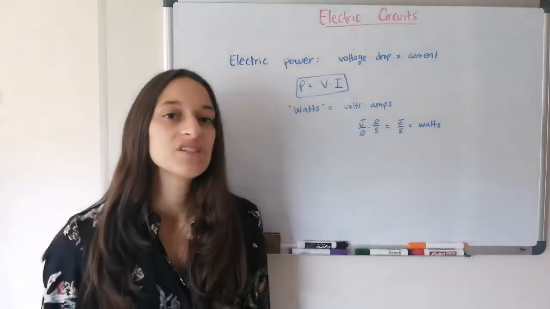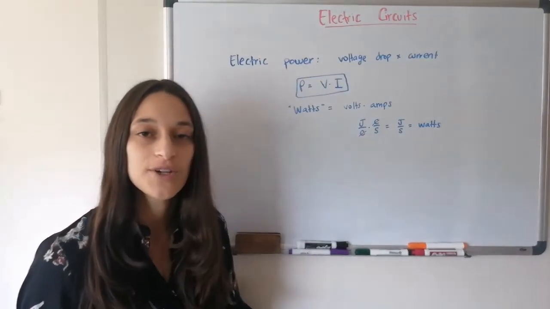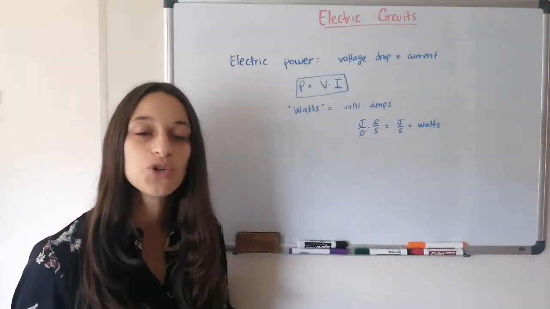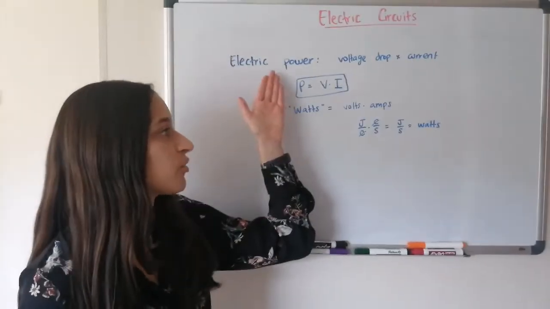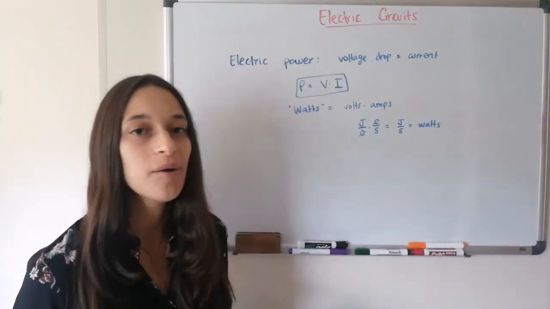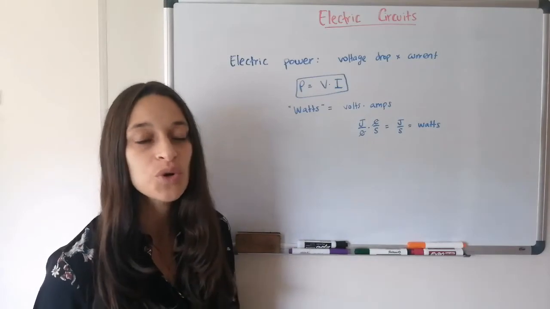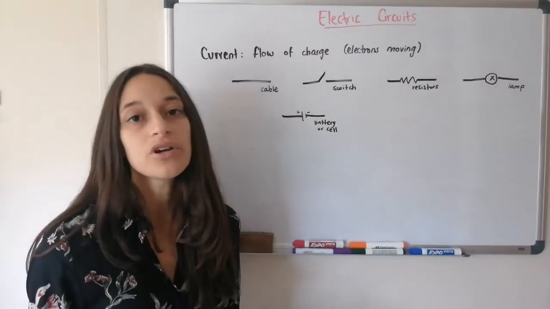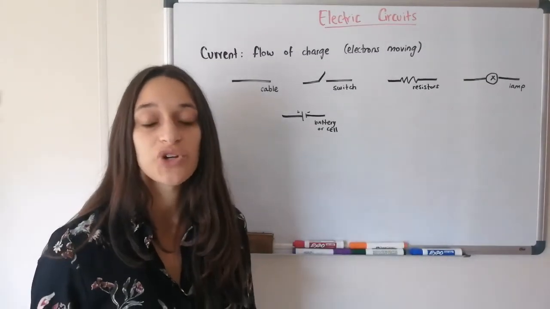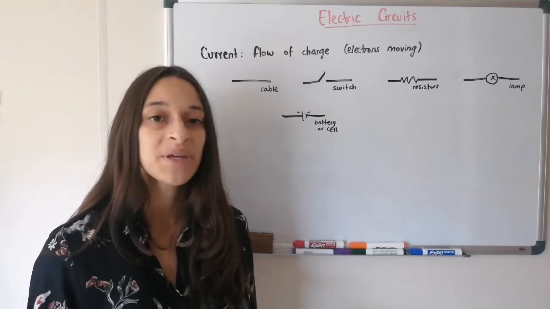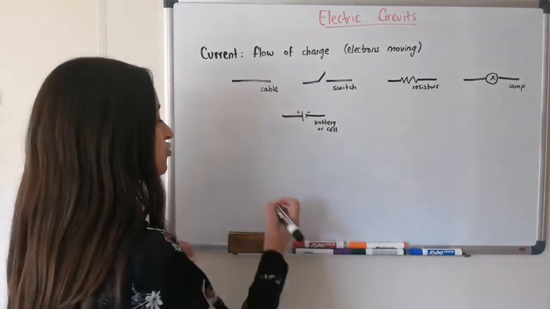So with electricity and electric circuits and everything, when you're buying an electric appliance, you usually care about its power, its watts, because it tells you how much work it's going to be able to do per second. There are actually two other components that a circuit can have, and they're called ammeters and voltmeters. And they're drawn like this.